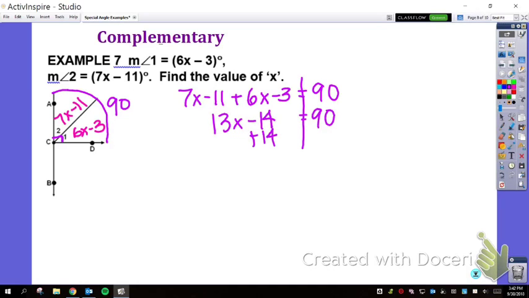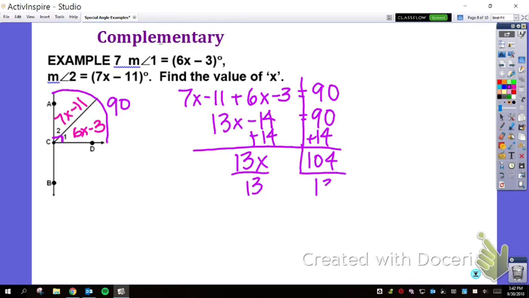And add 14 to both sides. We end up here with 13x equals 104. Then we're going to divide by 13, and we end up with x equals 8. Now again, they didn't ask for the value of either of the angles, so we are just going to leave it at x equals 8.